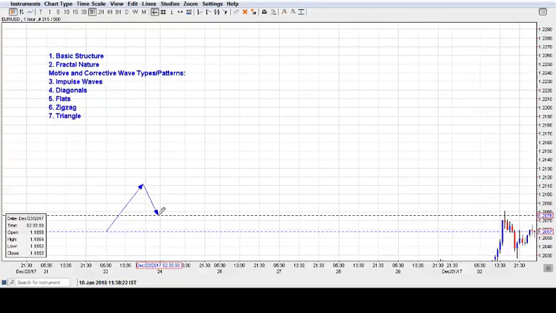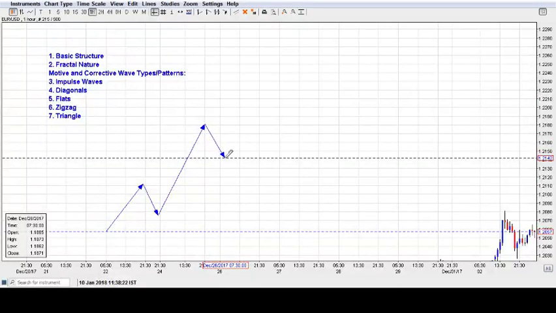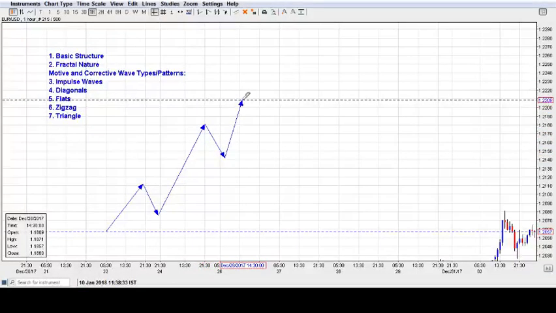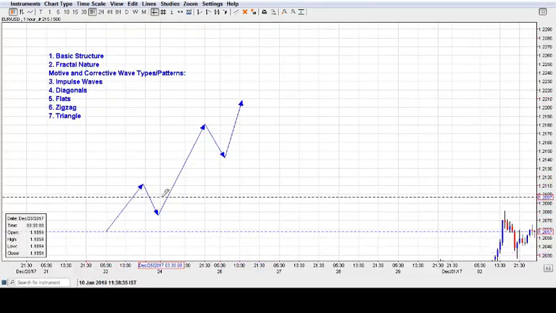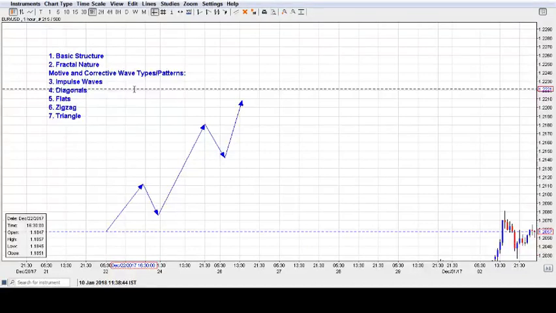What I've drawn here is a pictorial representation of an impulse wave. I would like to remind you that impulse waves are the first important type of the motive waves.